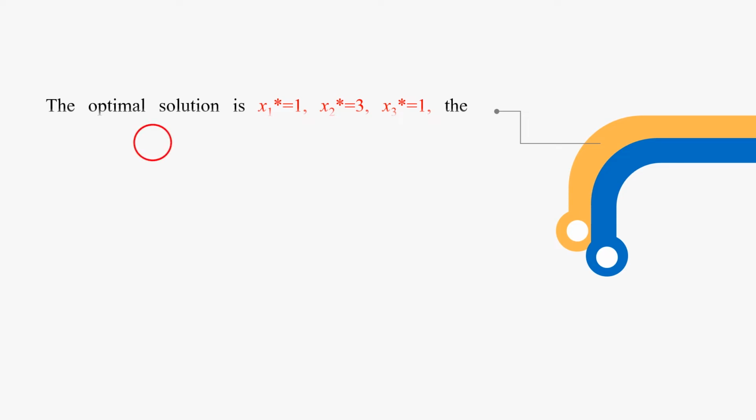Then move back to the next-to-last stage, n equals 2. The alternative values of X2 are 0, 1, 2, up to S2. We know that S2 is the number of medical teams remaining at the start of stage 2. So we can use this formula to make the optimal decision.